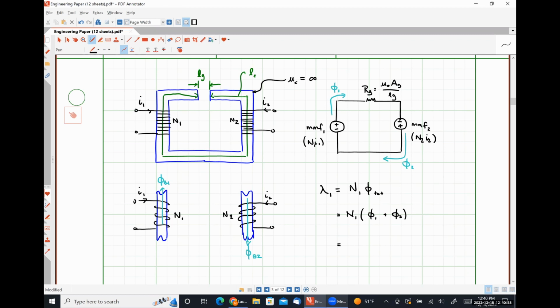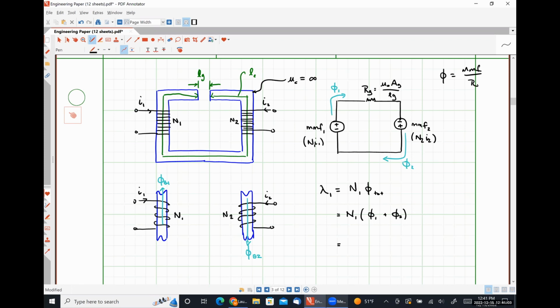That coil did not exist, or that coil wasn't passing a current through it. How would we figure out what our flux 1 is? Flux is equal to MMF over our reluctance.